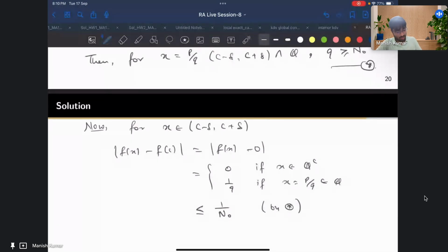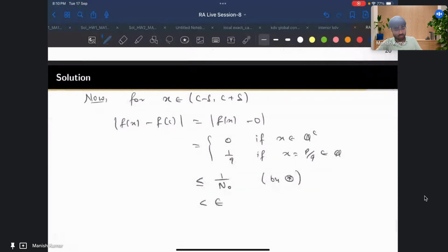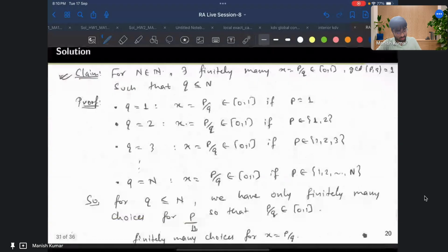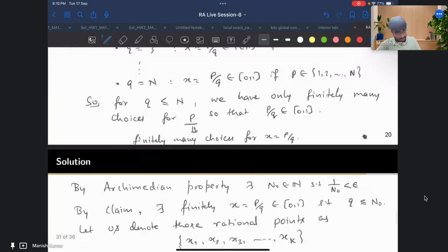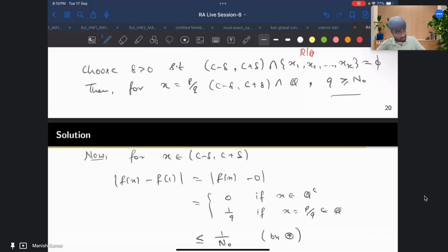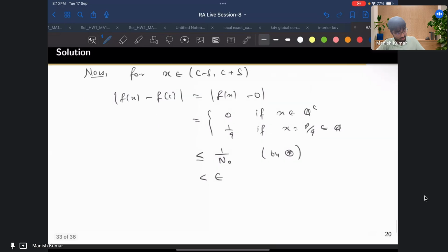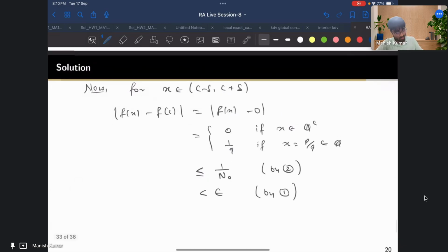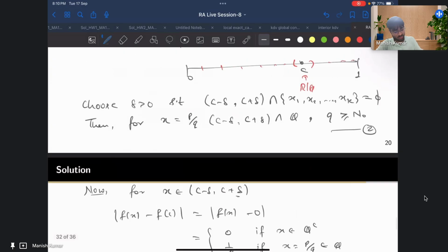And now I know this is less than epsilon. This is how we chose this n naught. Remember? So what we proved is that |f(x) minus f(c)| is less than epsilon when I chose delta, which was chosen from the lemma.